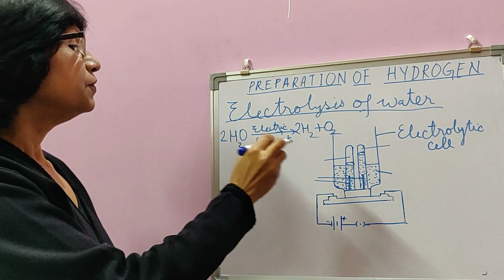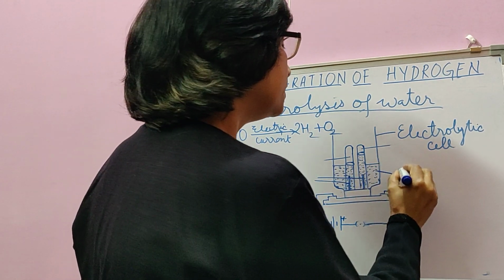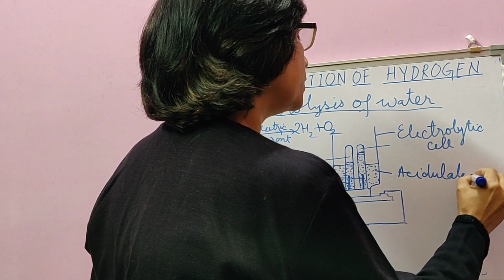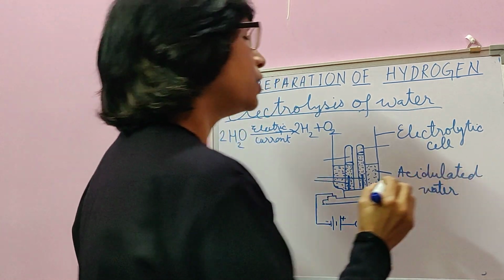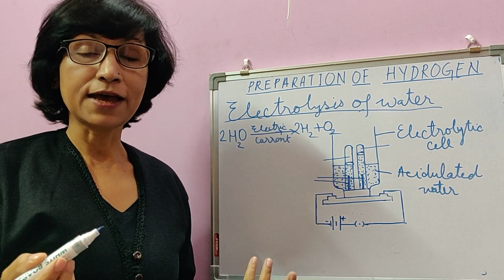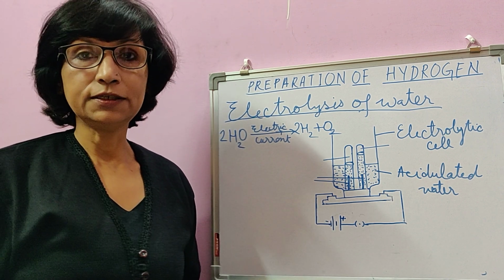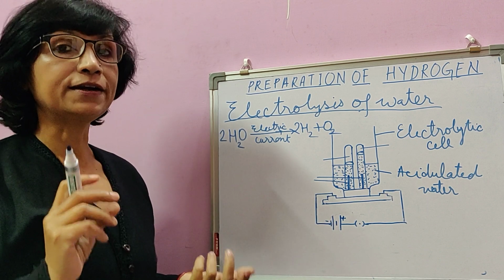and we use in this not pure water but acidulated water. Acidulated water means water mixed with few drops of strong acid like H2SO4. The reason for this you already know, that pure water is a bad conductor of electric current.